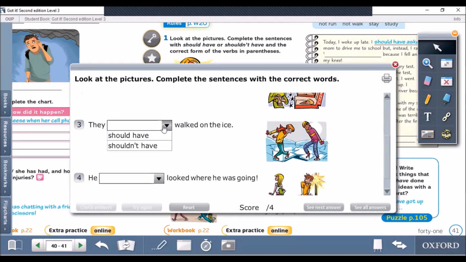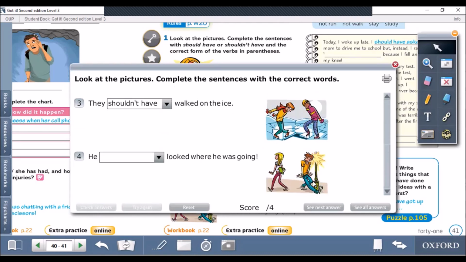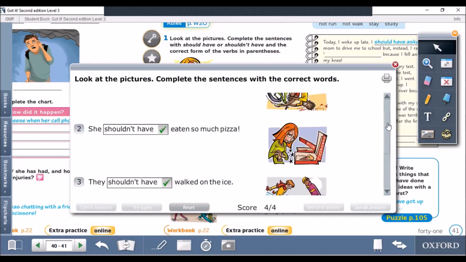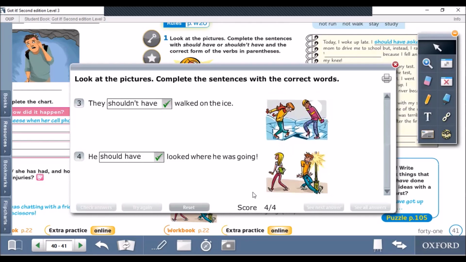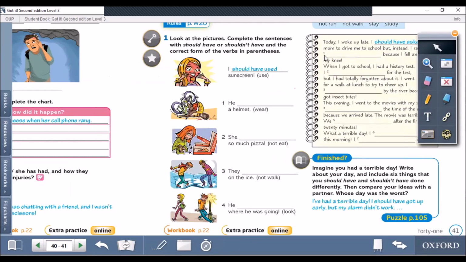They shouldn't have walked on the ice. Walk is a regular verb, so you only add ed. And finally, he should have looked where he was going. Very good. Let's continue.